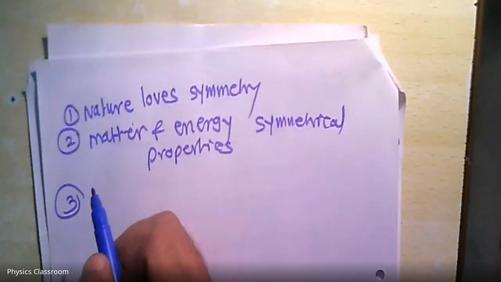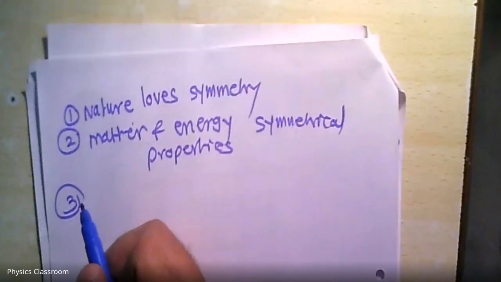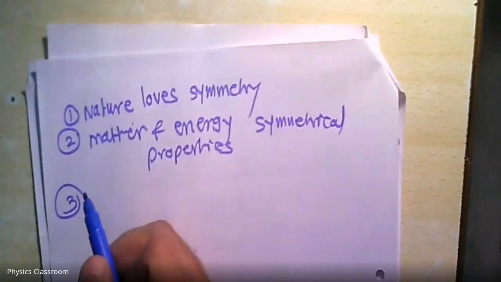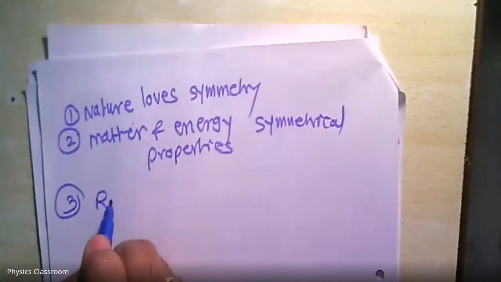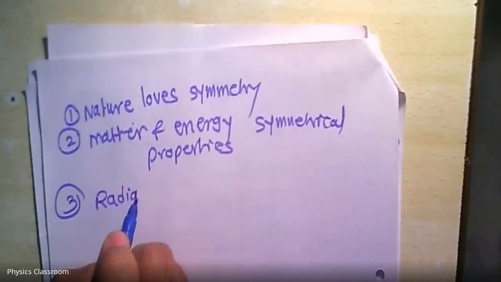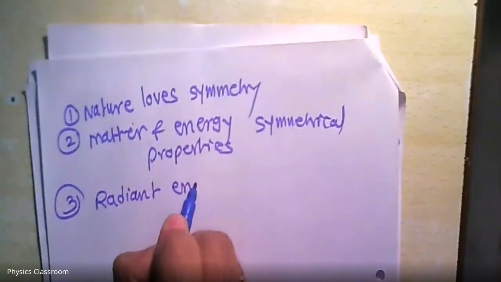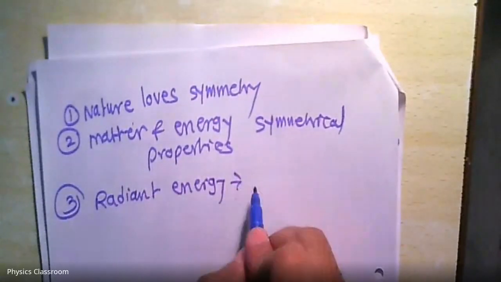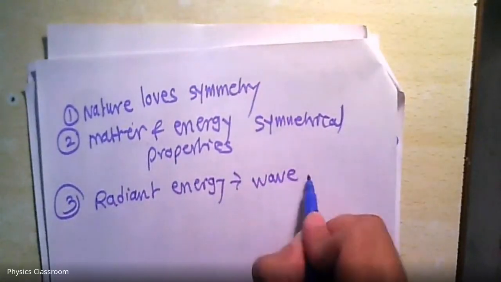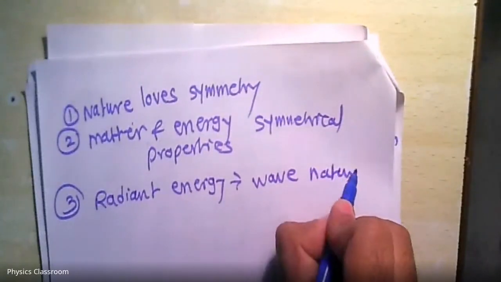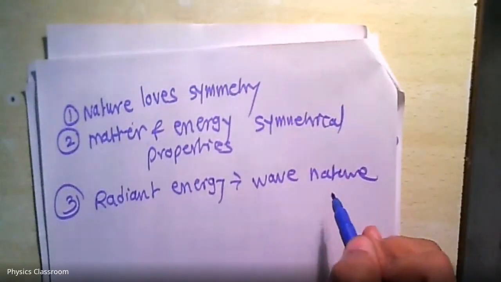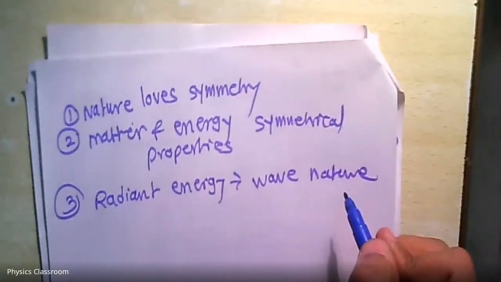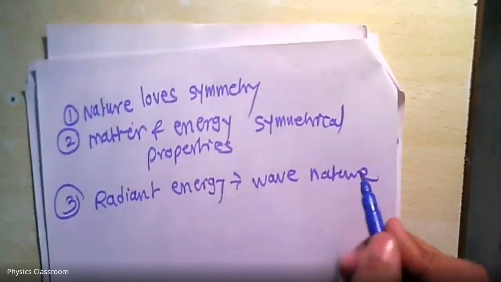Radiant energy was earlier believed to have wave nature, and it exhibited particle nature.